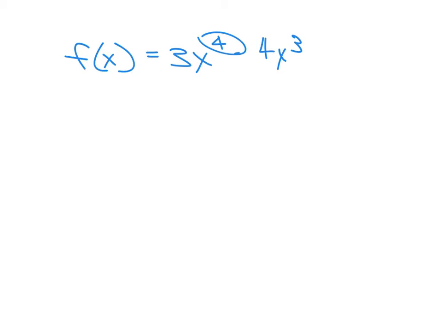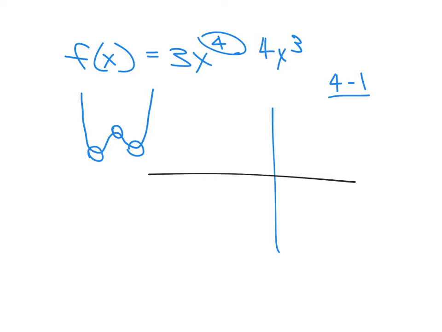It says if it has a degree n, in this case it's a degree 4, it has at most 4 minus 1 turning points. So it's going to have at the most 3 turning points. So one of these I showed you looked like that. Well, there's 1, 2, 3 turning points. Okay. So my other one I showed you looked like this, where it just kind of went flat there and went up. It has 1 turning point. Okay, so it has 1 or 3. But at most, n minus 1, 3.